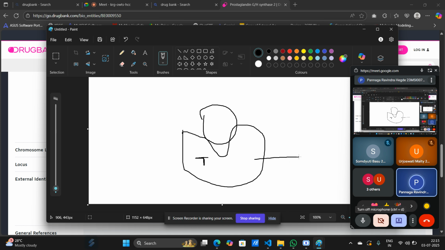There is not going to be a reverse effect. Instead, nothing will be produced or no action will happen. Are you guys able to understand? Antagonist and inverse agonist are different. Sometimes we might confuse ourselves, but they are different.